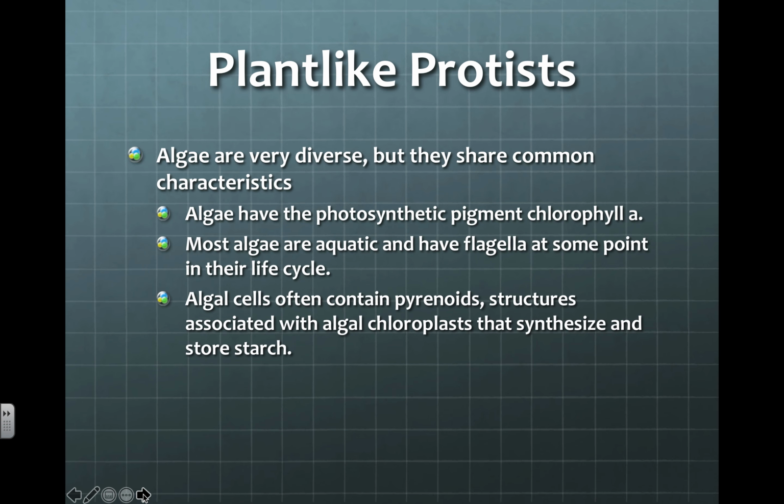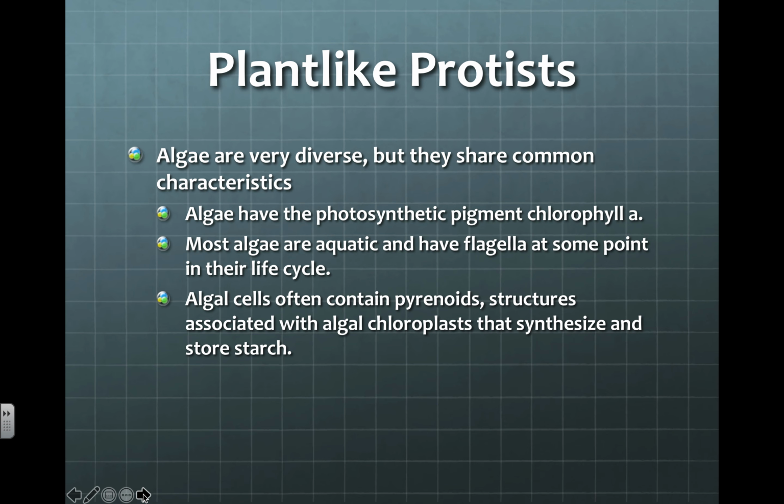Now, they're very diverse, but they do share some common characteristics. First of all, their photosynthetic pigment is chlorophyll a. Most of your algae are aquatic, and at some point, not at all times, but at some point, they do have flagella in their life cycle.